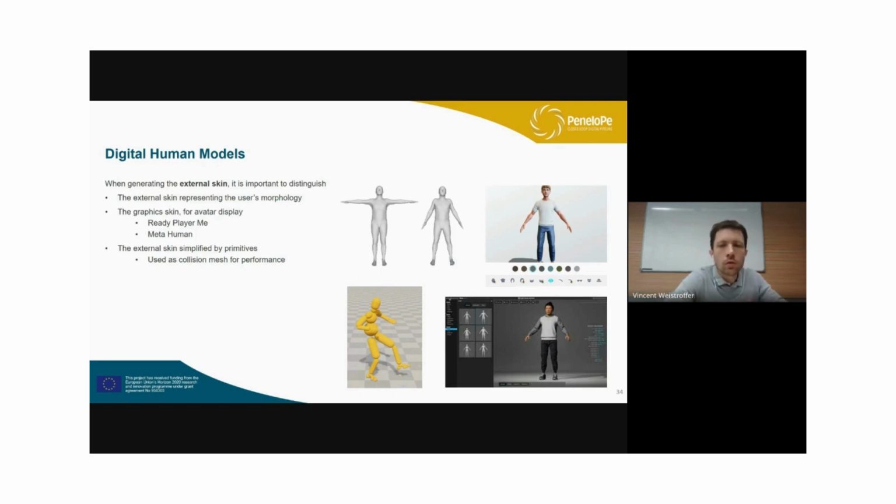We will see it later on in the presentation, but when you use physics simulation to control your digital human model, then you need to compute precise collisions with the environment, especially with the floor, and you cannot really use the skin at the top of the slide here for this animation and for this physics control.